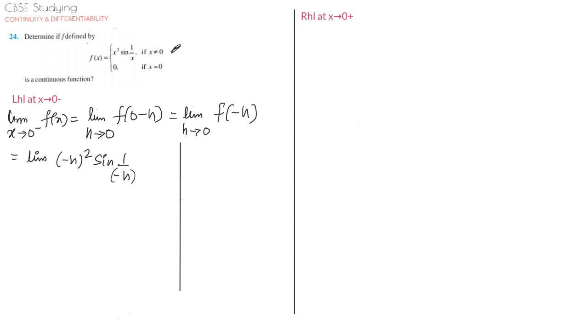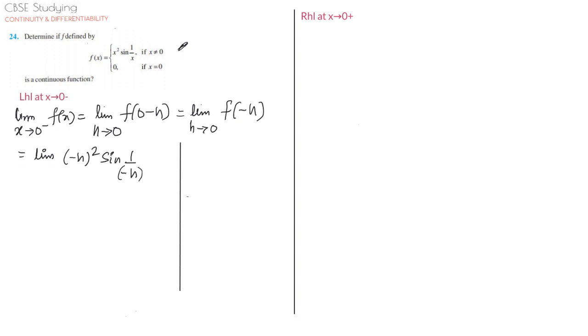Okay, so now how do we solve this part? Sine 1 by minus h. Okay, now you know that sine theta will always be between minus 1 and 1. That means sine theta is a definite value which comes between minus 1 to 1, right? So if sine theta comes between minus 1 to 1, I can also say that sine 1 by minus h will also come between minus 1 and 1, right?